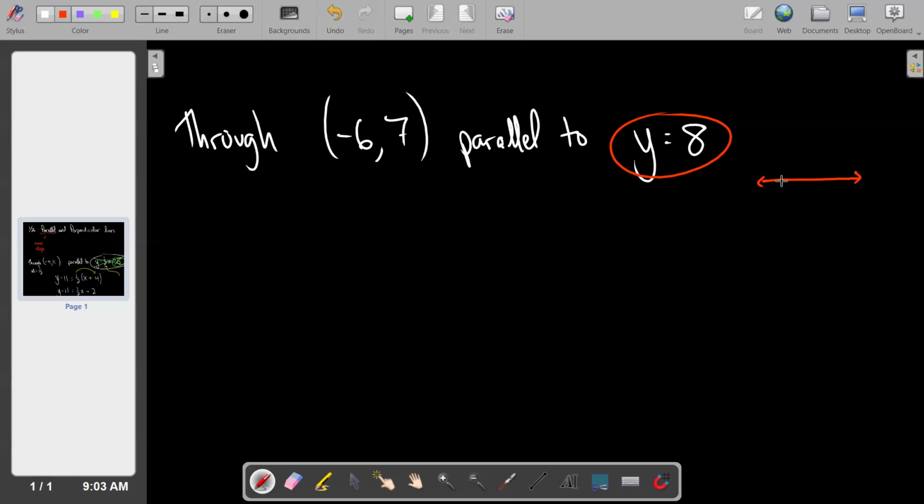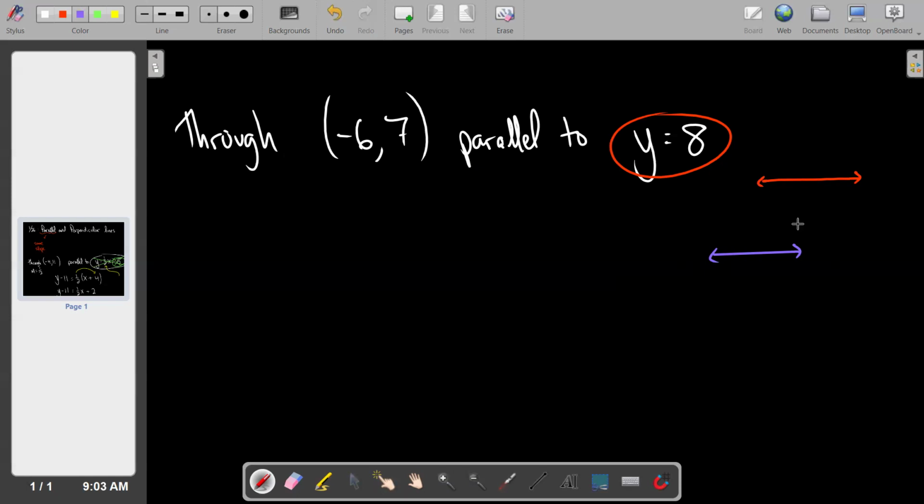What would be parallel to a horizontal line? Another horizontal line. It's the only way to be parallel to horizontal is to also be horizontal, right? Bless you, Bella. We agree? Mhm. Therefore, I'm asking you to write me the equation of the purple line.